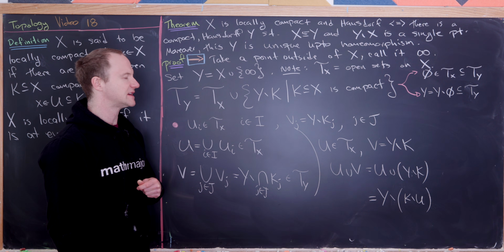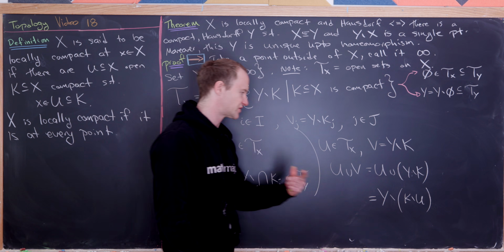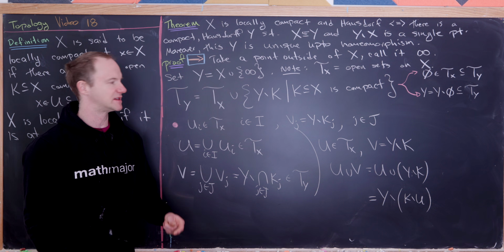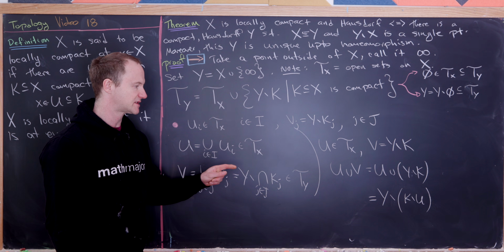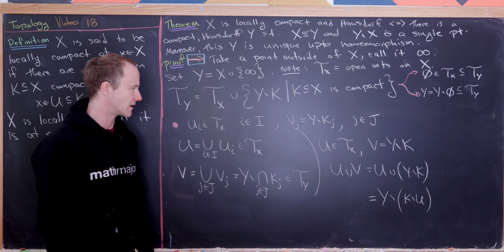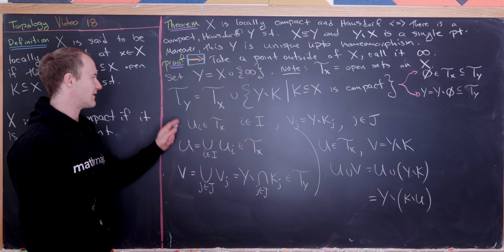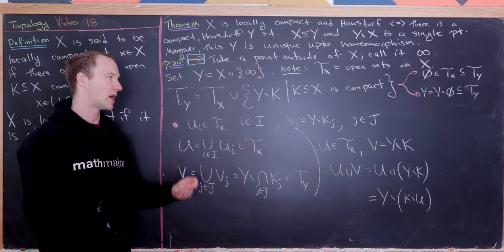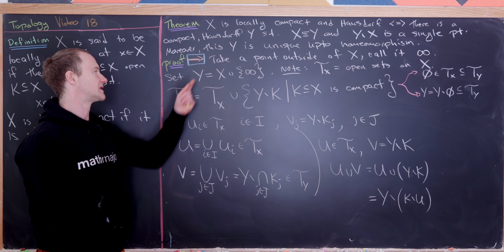But then it's pretty easy, and I'll leave it as a homework exercise to show that K minus U is compact given the things that we're starting with, and thus Y minus K minus U is open in this sense right here. Okay, so there we have it. Our T sub Y satisfies the axioms for this to be a topology. And so that does define a topology on Y.